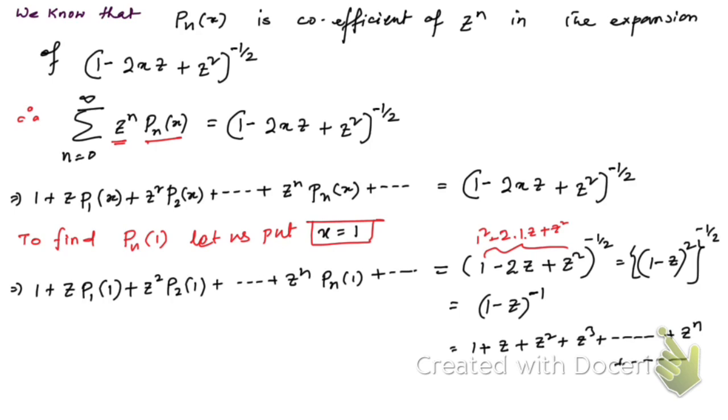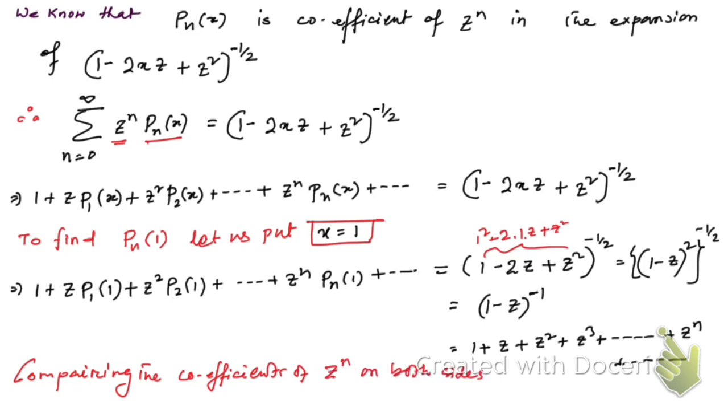Here you see, in each and every term the coefficient is 1. So if we compare the coefficient of z to the power n on both sides, here we have z to the power n with coefficient Pn of 1, and here for z to the power n we don't have any number before it, which means the coefficient is 1.